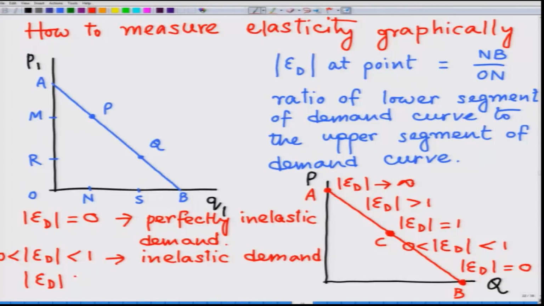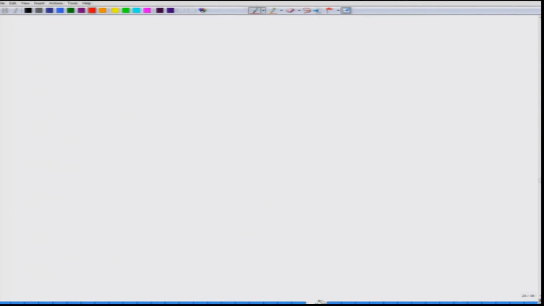When epsilon d takes value equal to 1, we call that unit elastic demand. That means if there is x percentage change in price of a commodity, quantity demanded will also change by x percentage. If epsilon d takes a value greater than 1, then we call that elastic demand.